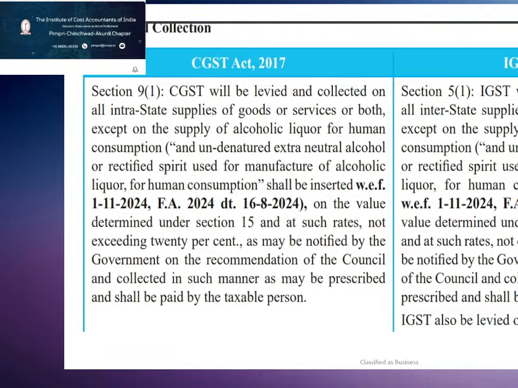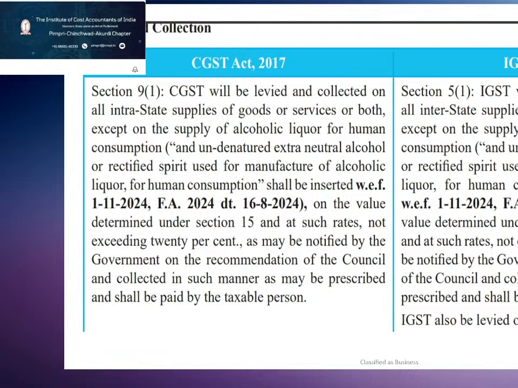The composition levy under GST section 10 is about supply of goods and restaurant services. So what are the locations also there? Arunachal Pradesh, Manipur, Meghalaya, Mizoram, Nagaland, Sikkim, Tripura, Uttarakhand, and the threshold limit is 75 lakhs.